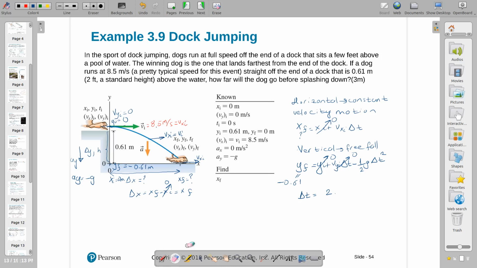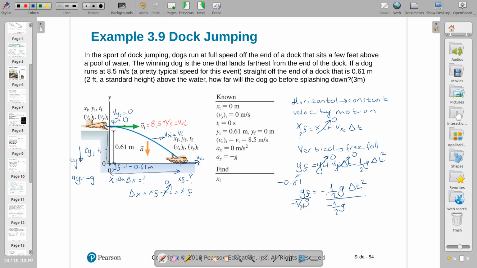Well, let's just do the algebra. I want to leave delta t squared alone first. I'm going to solve for delta t. So these go to 0, which leaves me with y final is equal to minus 1 over 2 g delta t squared. To get to delta t, I'm going to divide both sides by minus 1 over 2 g.